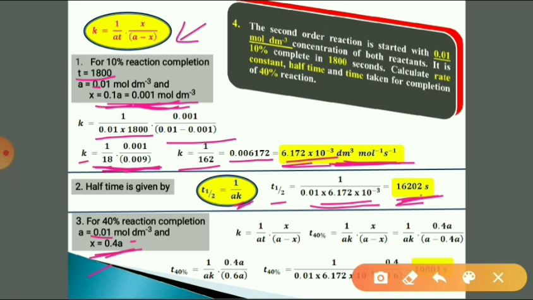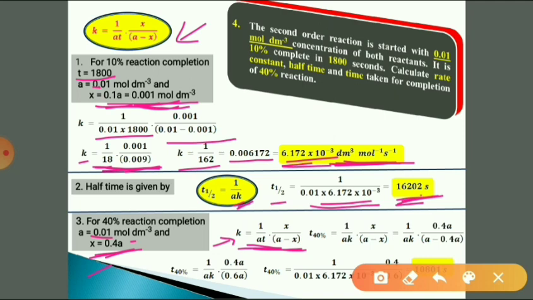By using the rate constant k equal to 1 upon at into x upon a minus x, replace t by t 40% and modify the equation, we get t 40% equal to 1 upon ak into x upon a minus x.